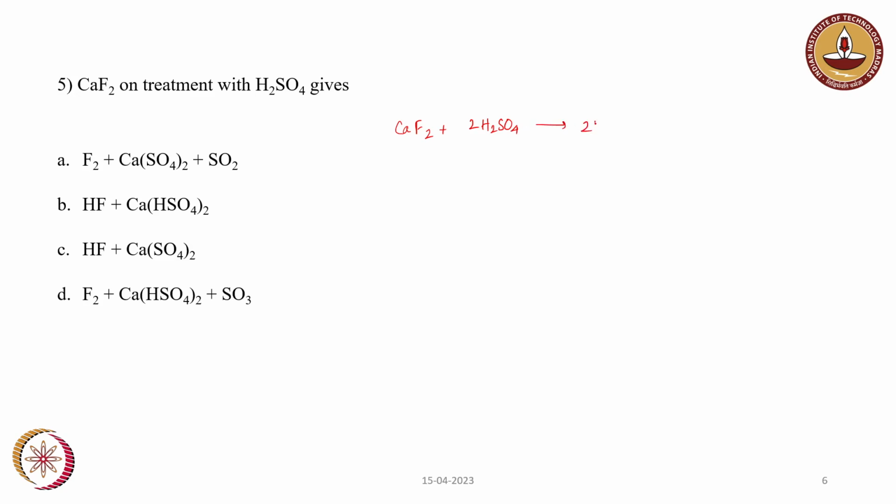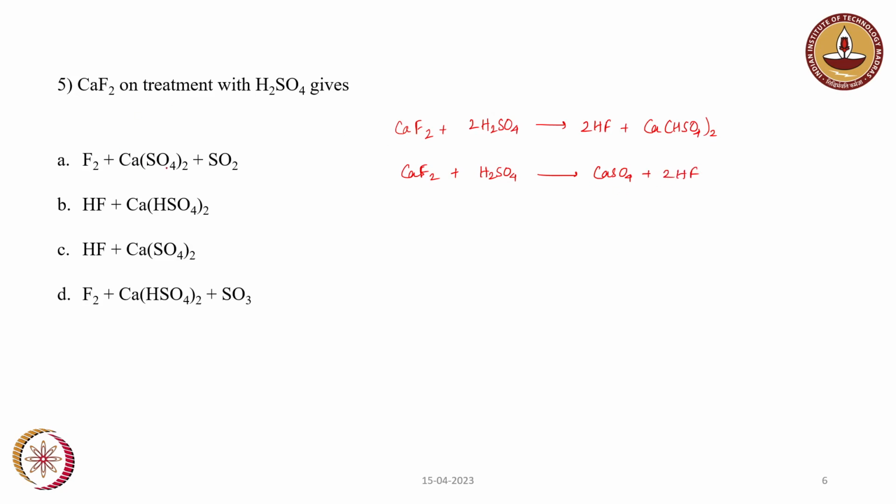It will give 2HF plus Ca(HSO4)2. And if there is only one H2SO4, CaF2 plus H2SO4 will give CaSO4 plus 2HF.